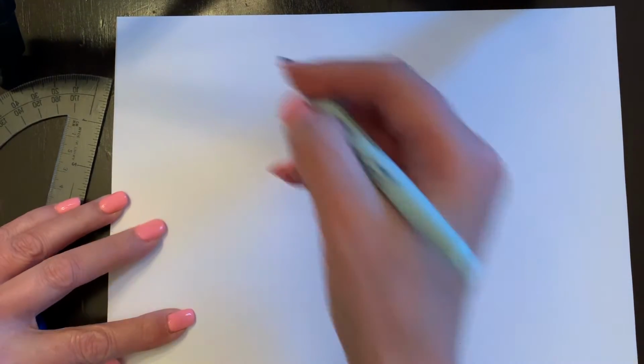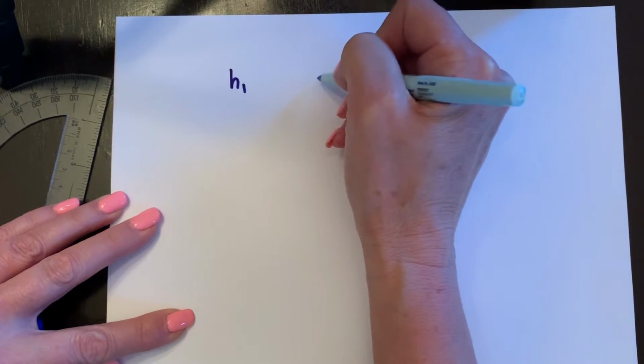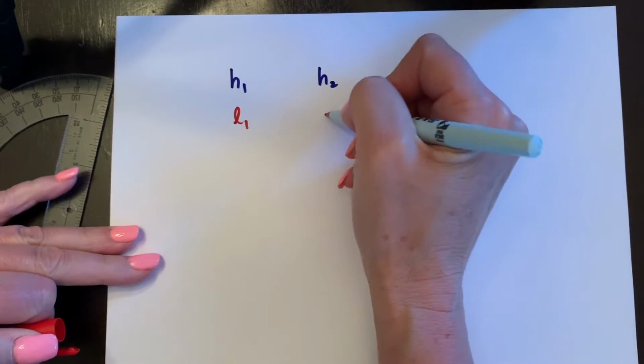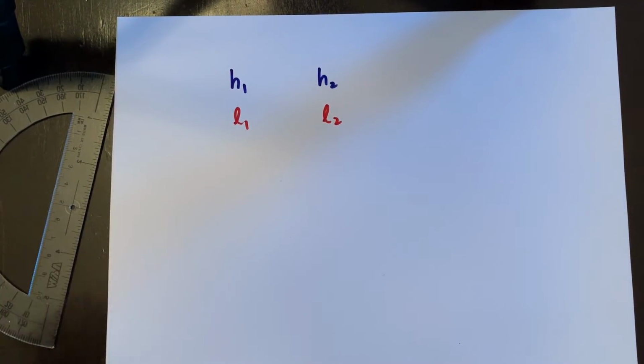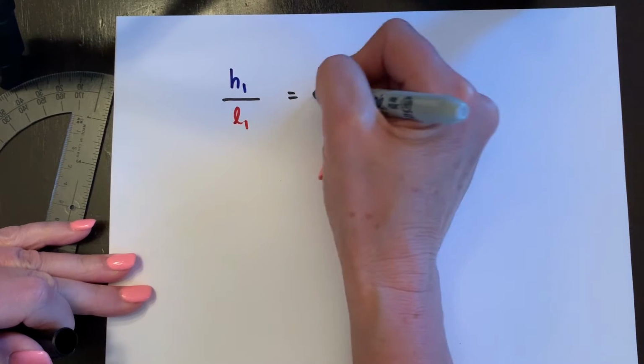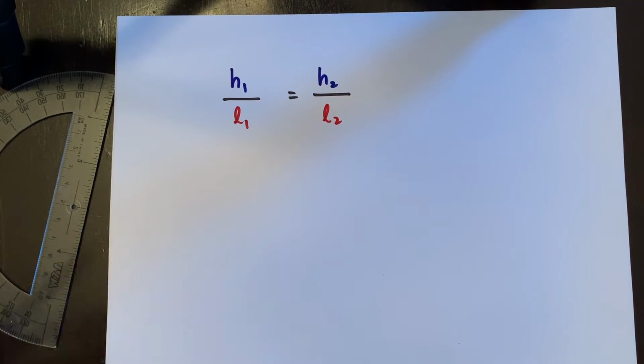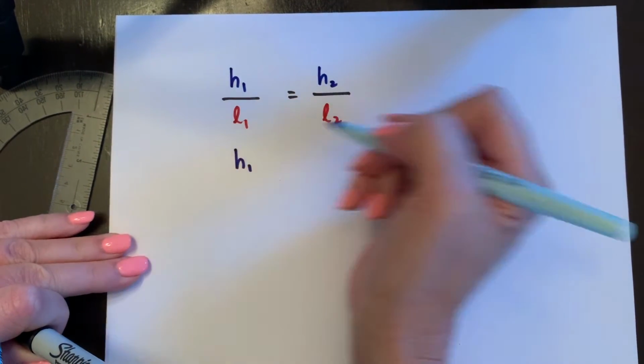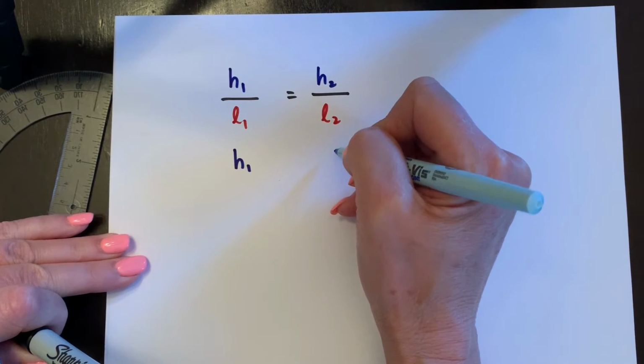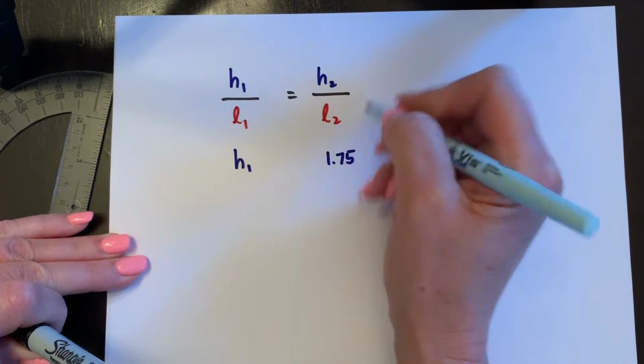So I'm going to use the ratio comparing heights to shadows. Using the values, I don't know the height of the tree, but I do know my daughter's height was 1.75 meters.